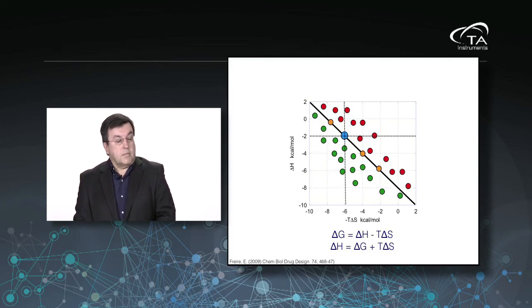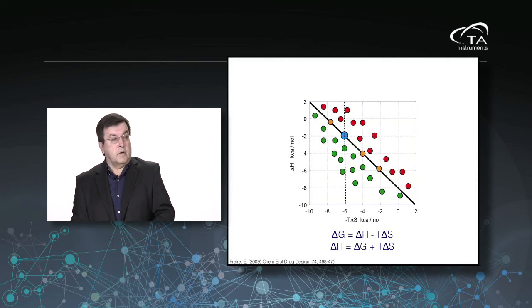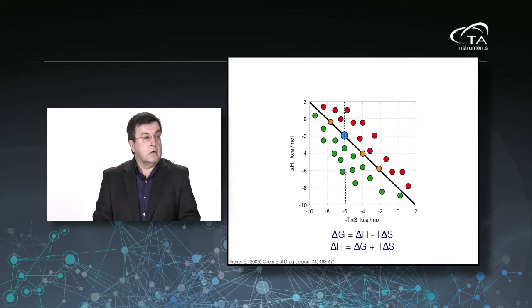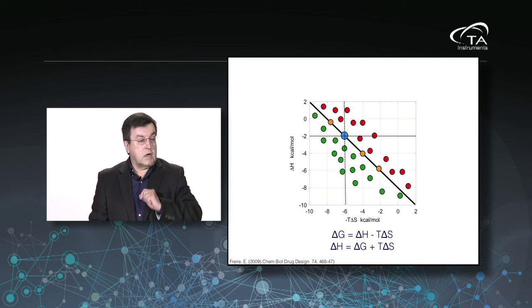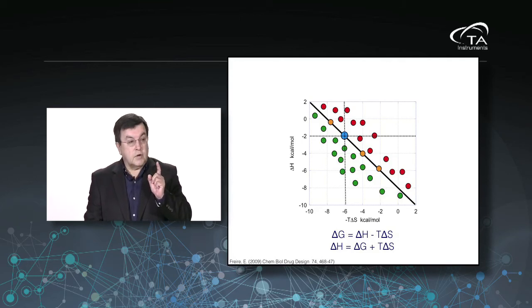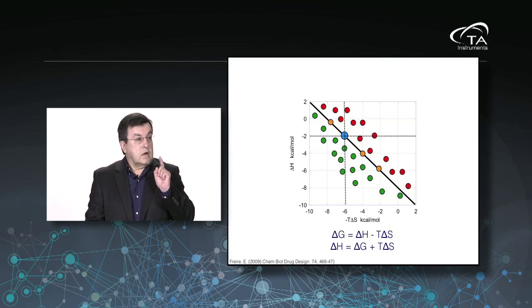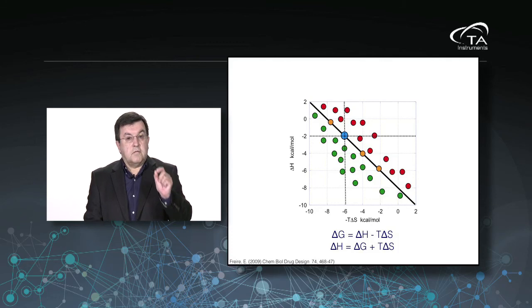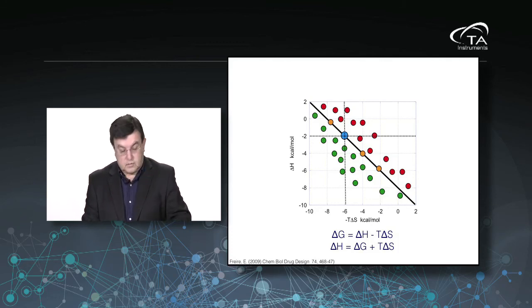So remember that we know exactly which compound is and where the modifications were made. So with this table or this chart, we know exactly what the affinity and enthalpic and entropic effects of each substitution is.